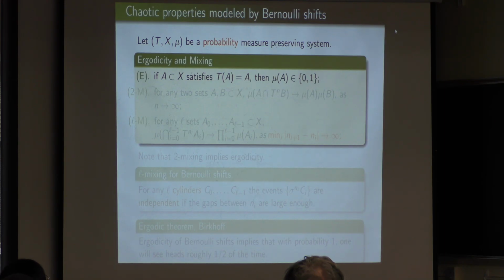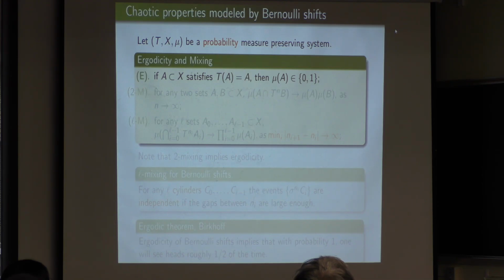The basic one is ergodicity, which tells you that the system cannot be decomposed into two non-trivial parts: if I have a part that's invariant, so the dynamics inside the part and the complement don't see each other, then it needs to be measure zero. So it's trivial from the point of view of measure theory.